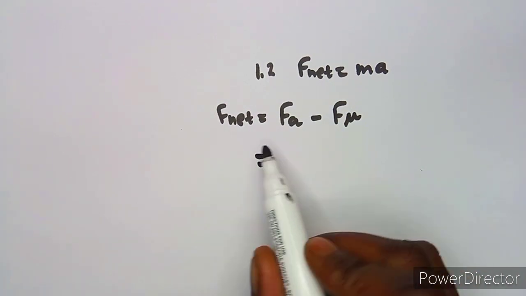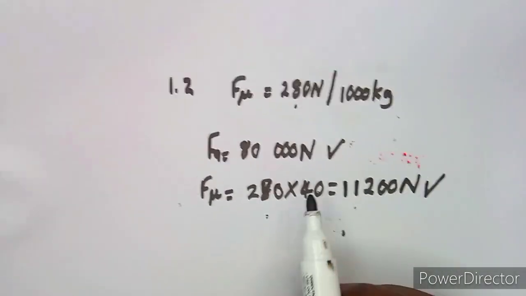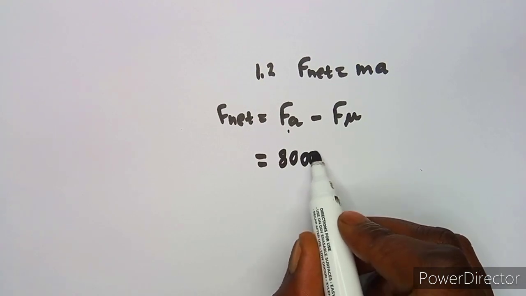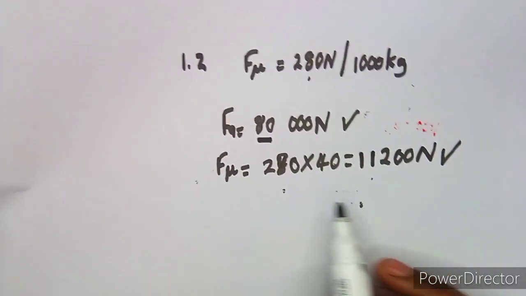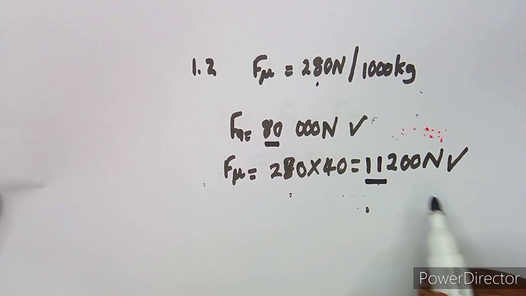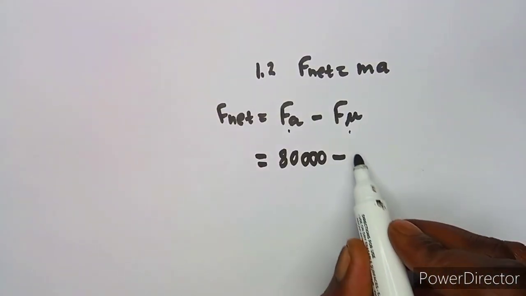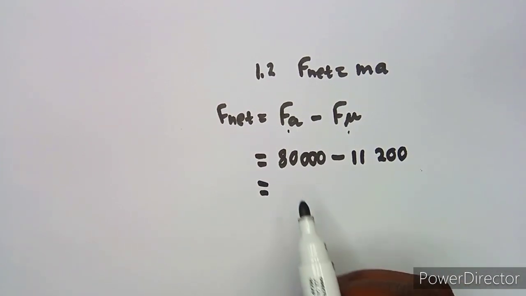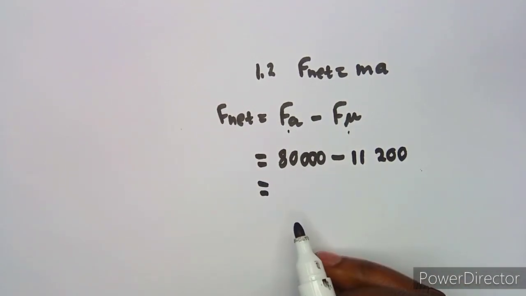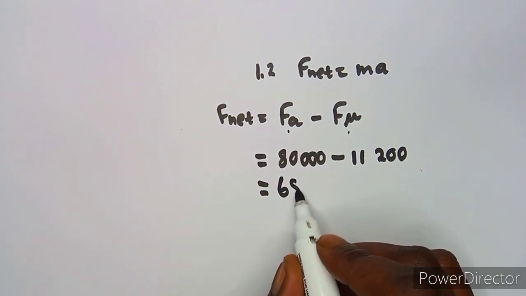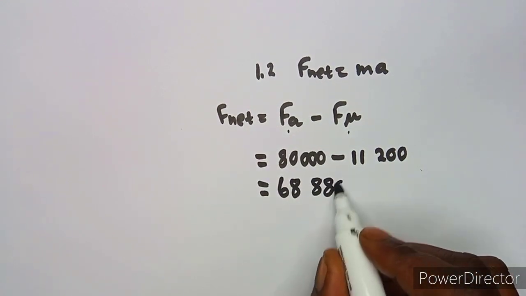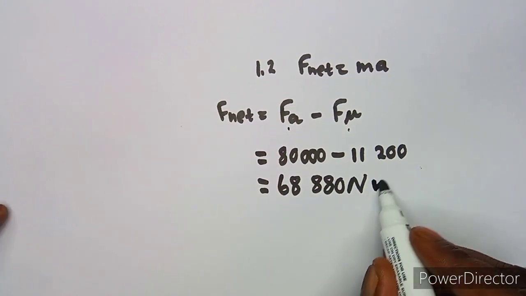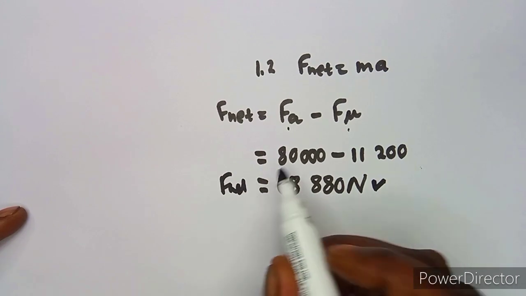So let's find F net first: the applied force, 80,000, minus the frictional force, which is 11,200 newtons. We subtract these two and obtain 68,800 newton.